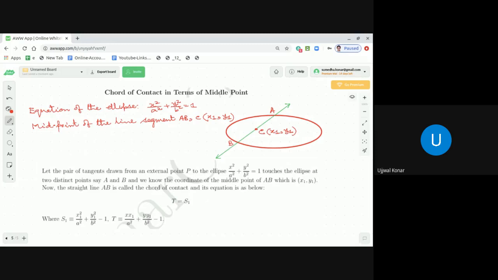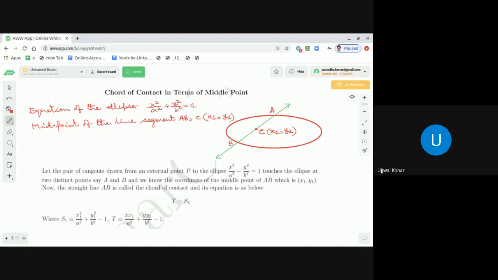Let the pair of tangents drawn from an external point P to the ellipse x square by a square plus y square by b square equal to 1 touch the ellipse at two distinct points, say A and B. And we know the coordinates of the middle point of AB, which is (x1, y1), and we represented this by point C.